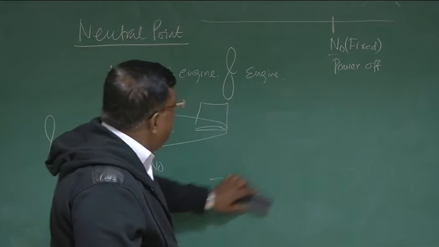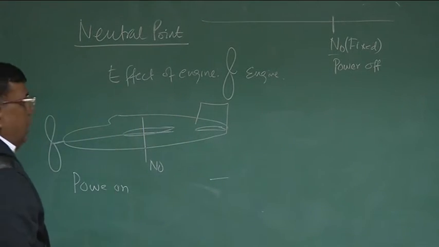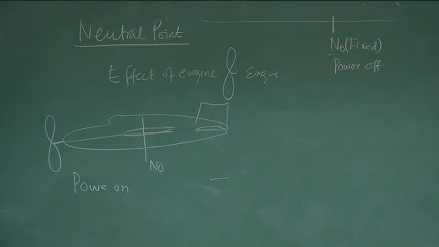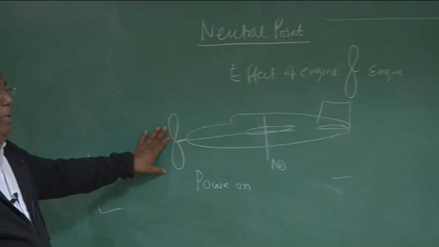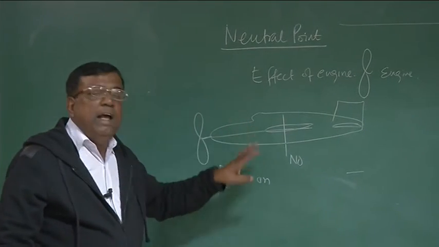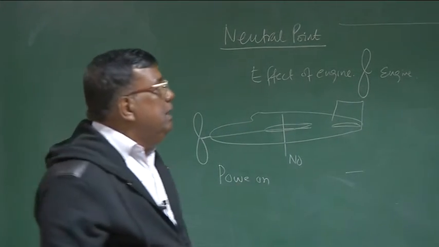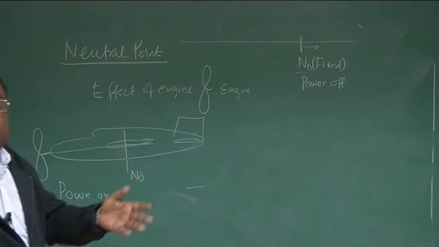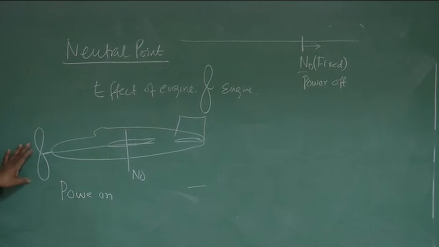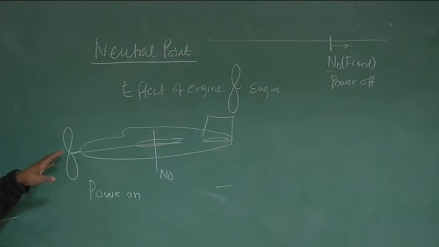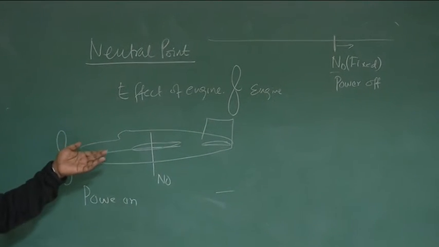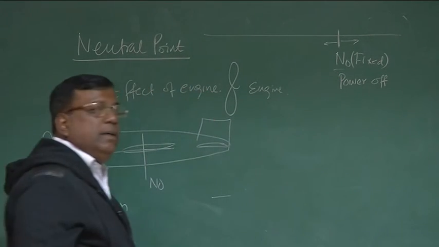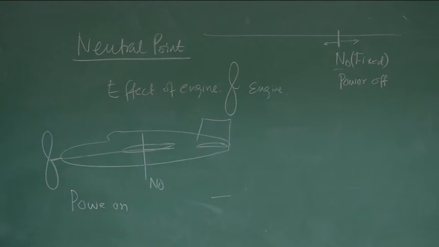Will there be any modification on the N0 stick fixed? Let's see. One thing we understand, if running of this propeller adds more stabilizing effect to the airplane, then our N0 fixed should go backward. So it will become more stable. If adding this nose-mounted engine contributes towards more destabilizing, then this N0 point should shift this way. Clear? Because then it will become less stable.